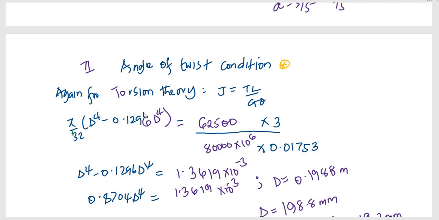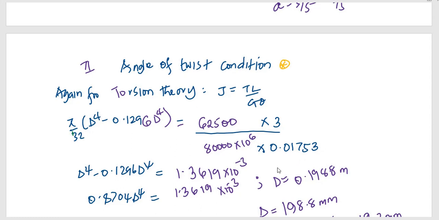So when we put 3/5 times D to the power 4, it will give us 0.1296 D to the power 4. You equate it to T, which is our torque, times length, which is 3, divided by G, which is 80,000 Newton per square millimeter. To convert it to square meters, we are going to multiply it by 10 to the power 6. Then times theta, which is the angle of twist.